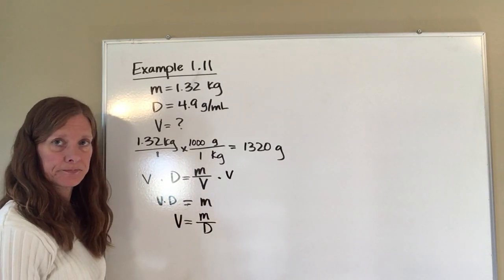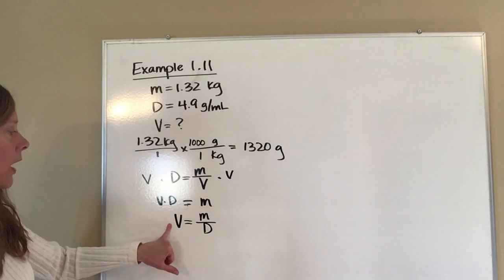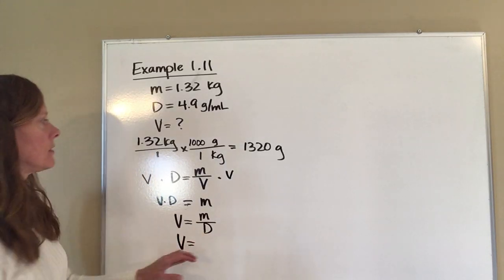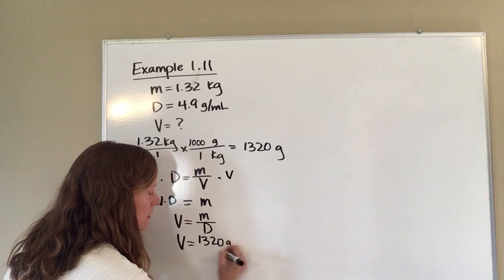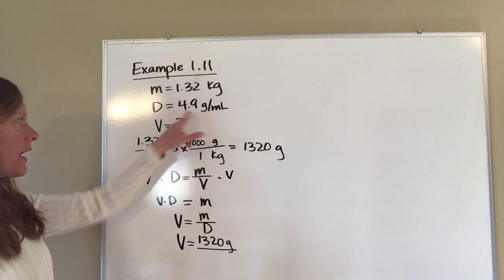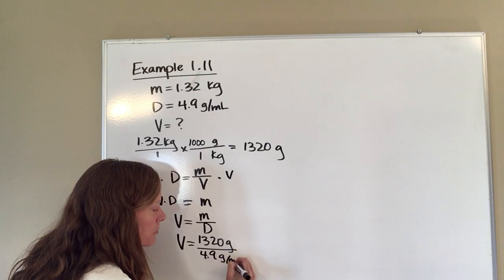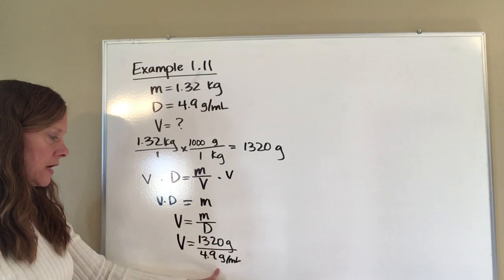If I want the V by itself, since that's what I'm trying to find, volume is going to be mass divided by density. Okay? Now I can say, well, volume is what I want, so volume is the mass, 1,320 grams, divided by a density of 4.9 grams per milliliter. My units will cancel out so that my grams cancel.